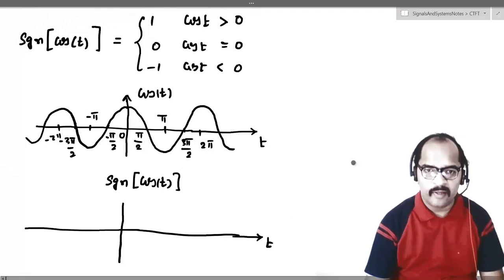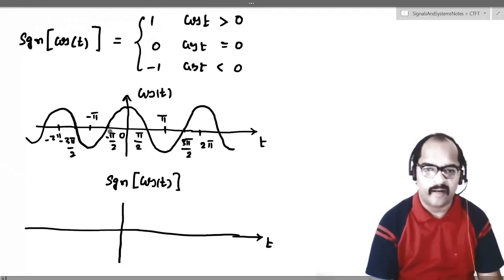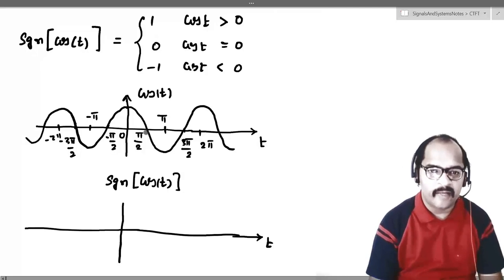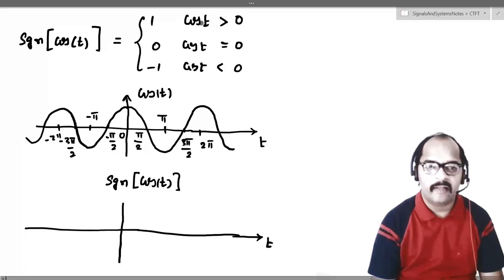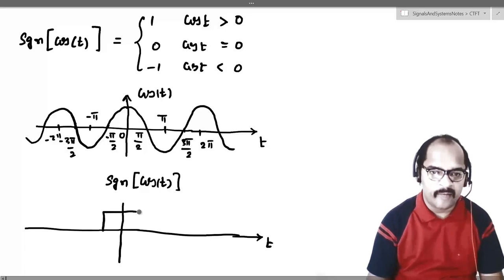When cos t is greater than 0, it should be 1. From minus pi by 2 to plus pi by 2, cos t is greater than 0, and hence signum of cos t should be 1. So that part should be 1.